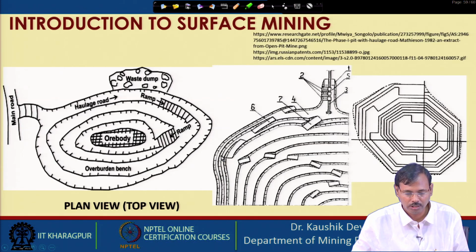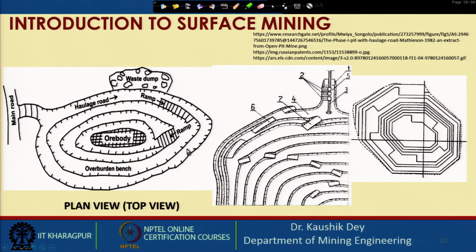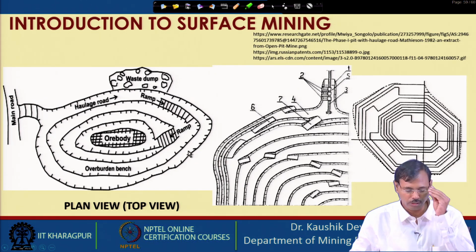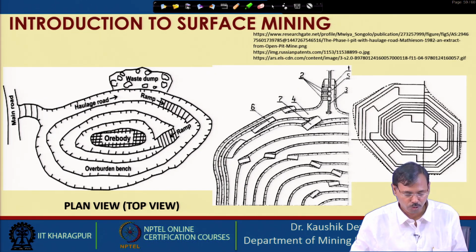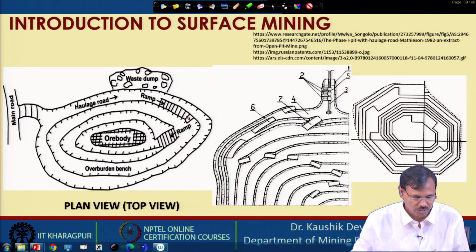Since we have covered the stripping ratio, we will directly start with the mining layout, the most common layout practiced in mining. This view is the plan view or top view.